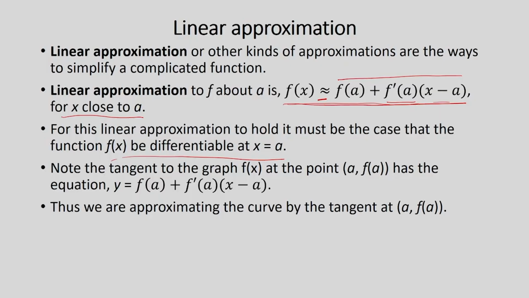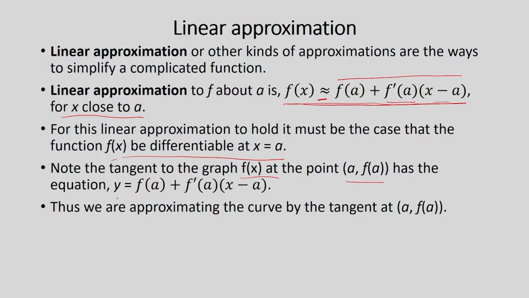Now, note the tangent to the graph f(x). Suppose just imagine this to be a graph in the two dimensional plane. Now, think about the tangent to this graph at this point (a, f(a)), and what is the equation to that tangent?